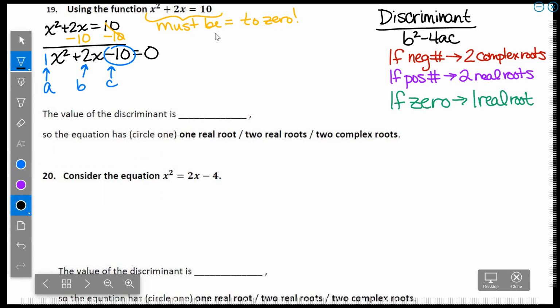Anytime I substitute in for my discriminant or into the quadratic formula, I use parentheses anytime I make a substitution. What do I put inside the first set of parentheses? What are we going to square? 2. What is 2 squared? 4. And then I'm going to bring down my minus sign. I have 4 times what 2 numbers? 1 and negative 10. Well, what is 4 times 1 times negative 10? Negative 40.